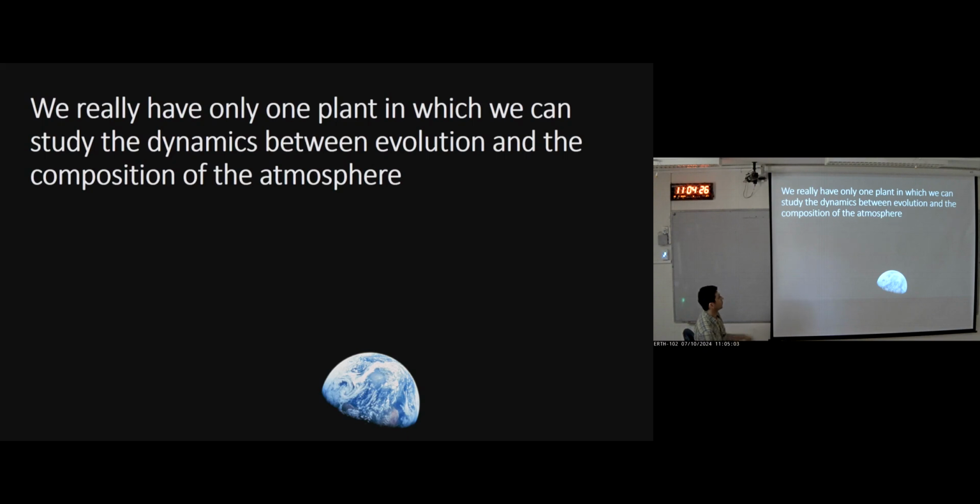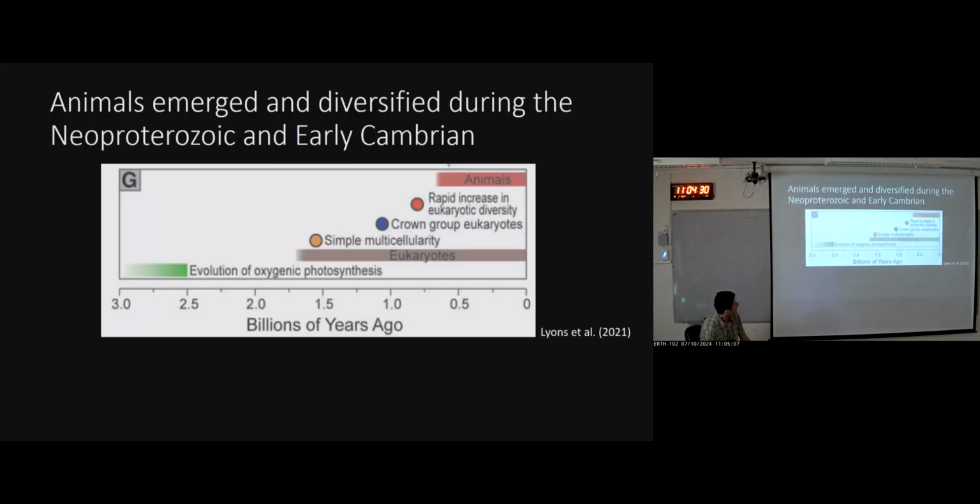So what do we know about the evolution of life? Well, we know that life has been mostly single cellular and very simple through most of Earth's history. This is time in billion years. And then a lot has happened during the Proterozoic, mostly during the late Proterozoic.